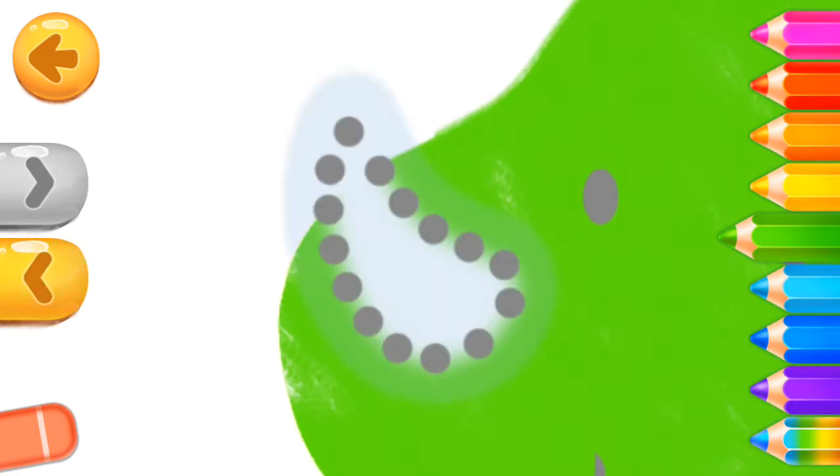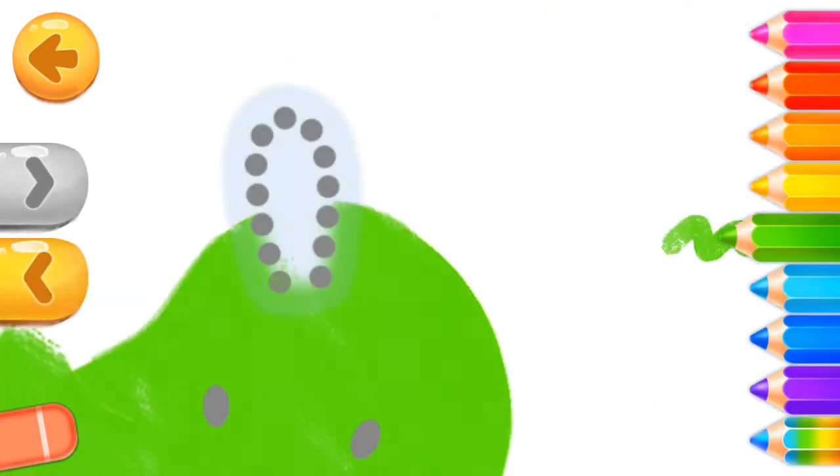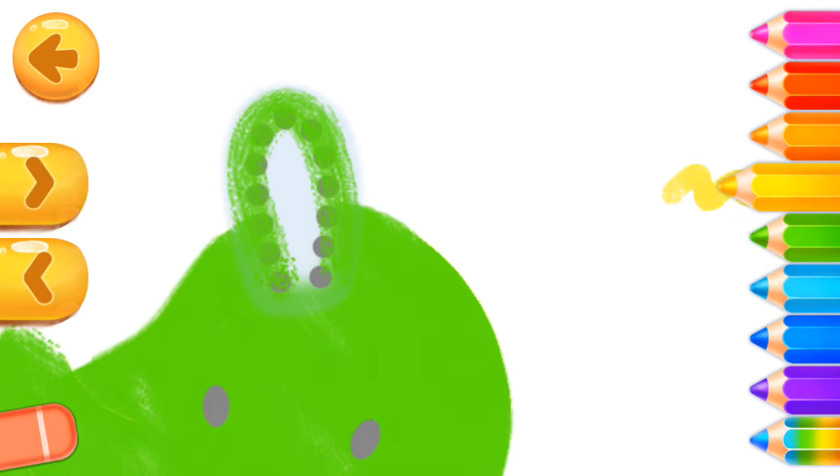Rhino needs a horn. Purple. Blue. Random color. Let's draw small ear. Green. Yellow.